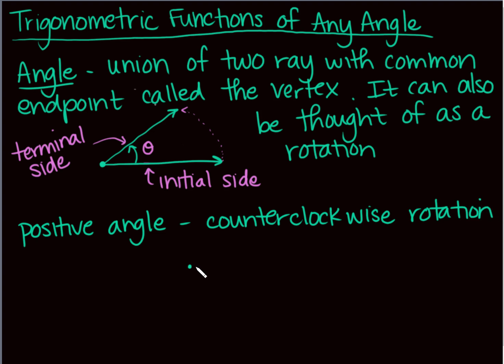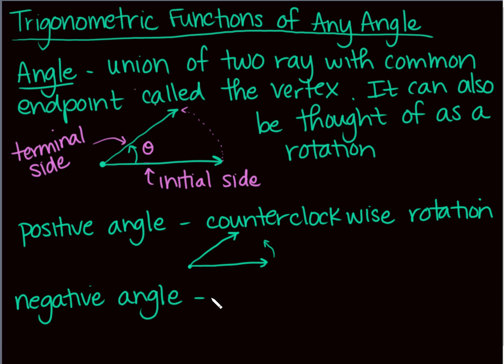If I have my initial side and I rotate counterclockwise, which would be this way, then we say that angle is positive. We can also talk about a negative angle. We always say there's no such thing as a negative distance, but in calculus, we actually can have a negative velocity. It really just tells us the direction something is going in.